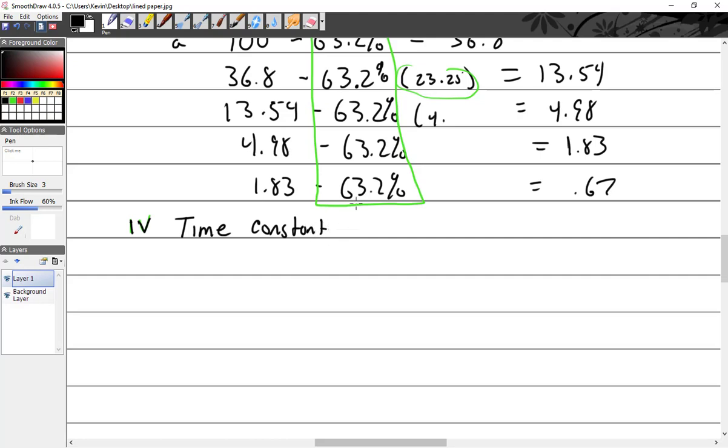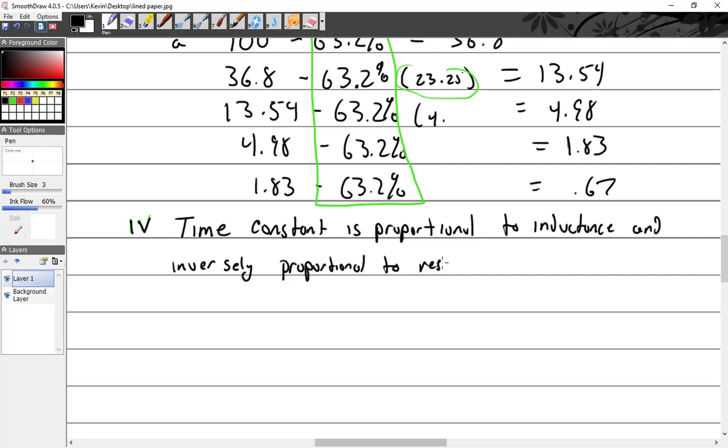So a time constant is proportional to inductance and inversely proportional to resistance. More inductance equals longer time.